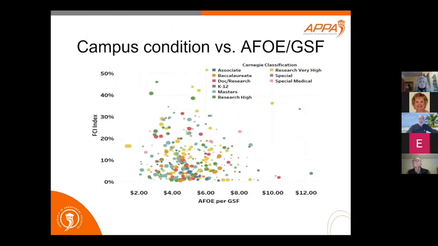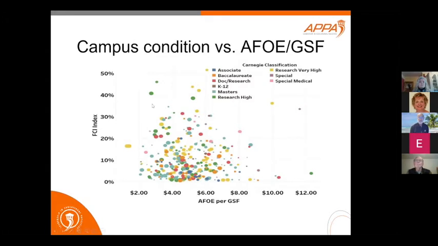Another way of looking at the campus is looking at the campus condition, or the facility condition index, versus the amount of money you're spending. And if we think about one of our great thinkers who has passed now, Harvey Kaiser, he looked at how much we should be spending to renew the campus versus how much we spend annually to maintain it.